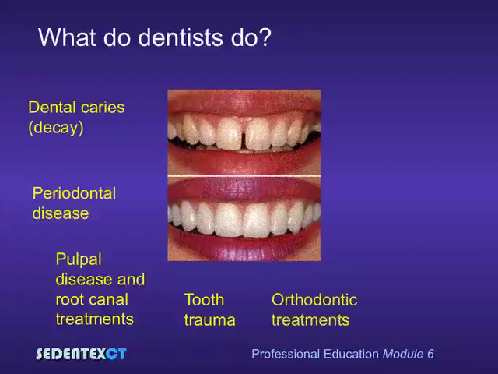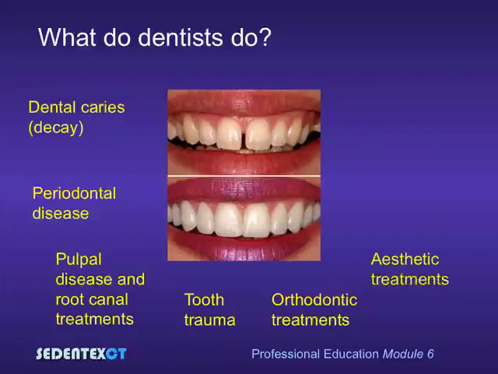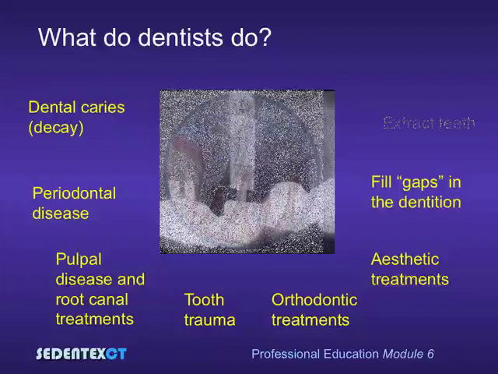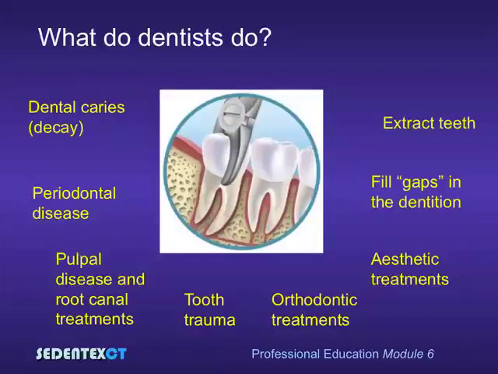They perform orthodontic treatments or other aesthetic types of treatment. They fill gaps in the dentition by using dentures, bridges or implants, and of course occasionally they take teeth out. This is the scope for most dental practitioners who are not specialists, so we need to look at how cone beam CT could relate to these clinical tasks.